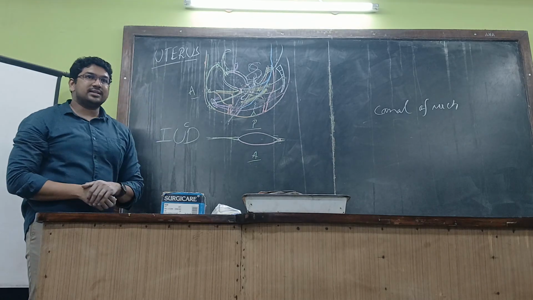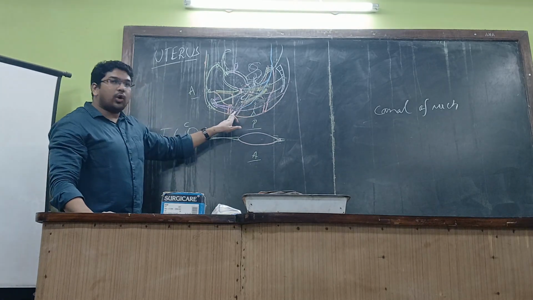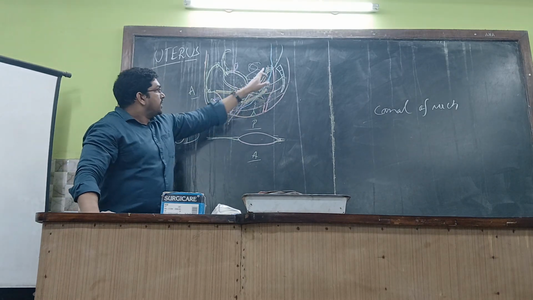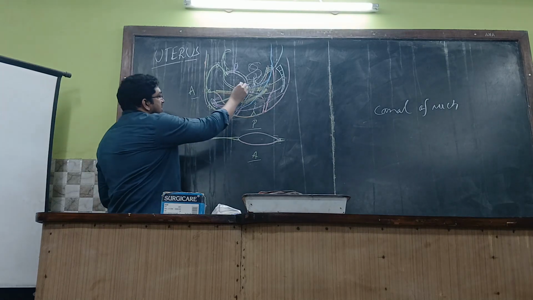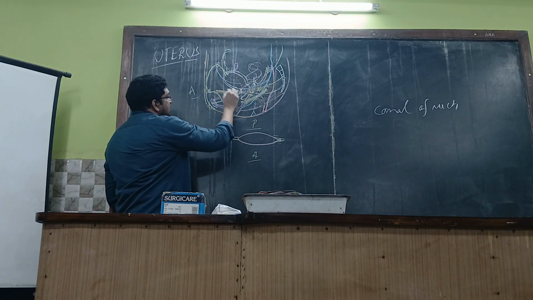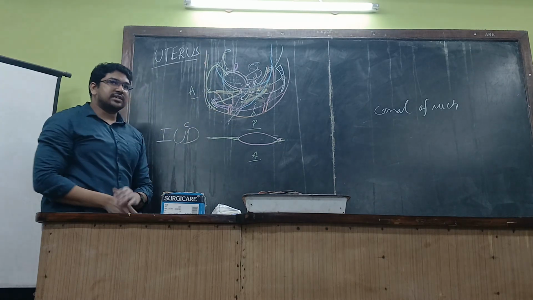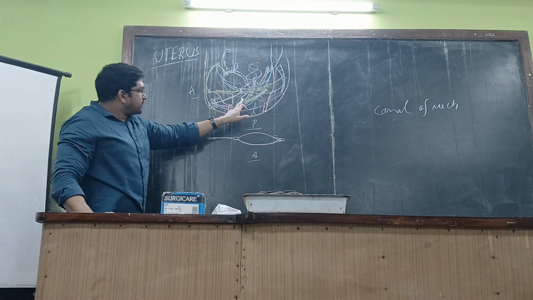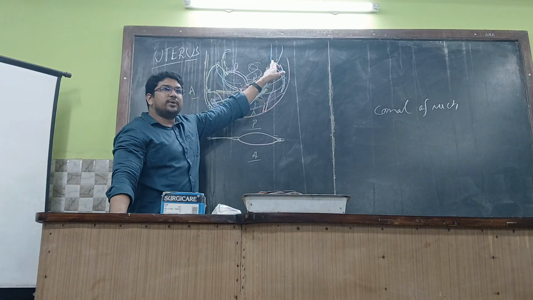For example, the uterus, cervix and vagina drain into the internal iliac vein, into the systemic veins, but this posterior wall of the vagina and the cervix drain into the superior rectal vein.